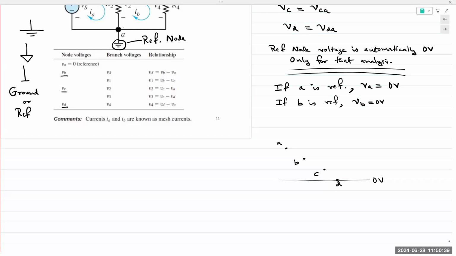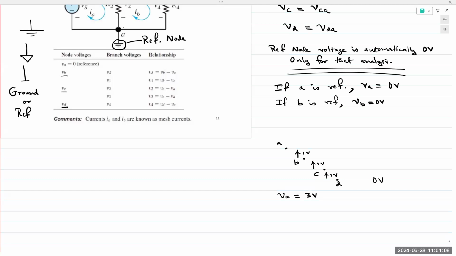If D is my reference, I say that is 0 volts. C is 1 volt, B is 1 volt, and A is 1 volt above it. If I measure voltage at A with my reference at D, what is the value? 1, 2, 3, plus 3 volts.